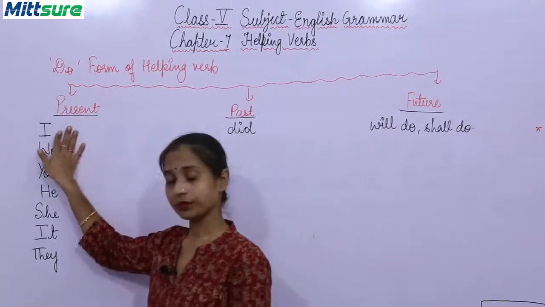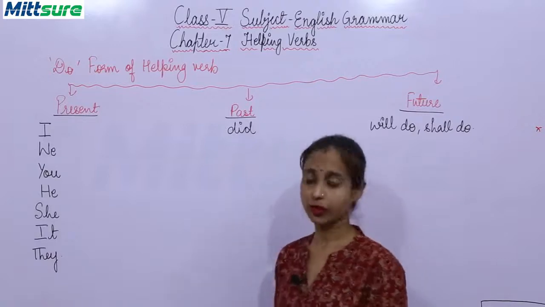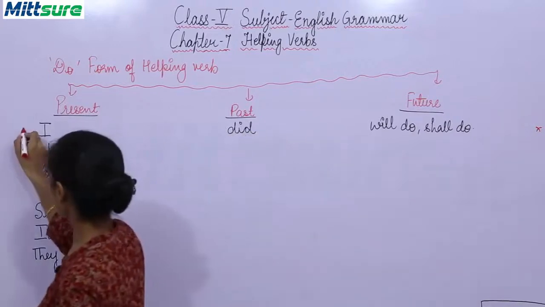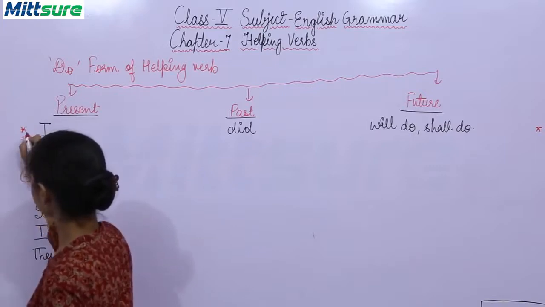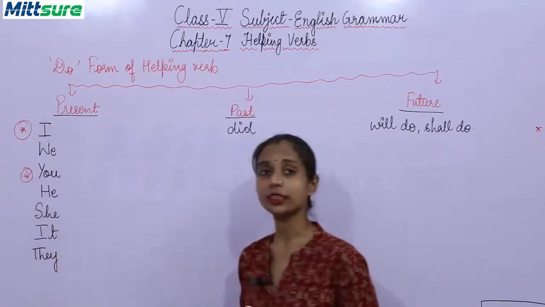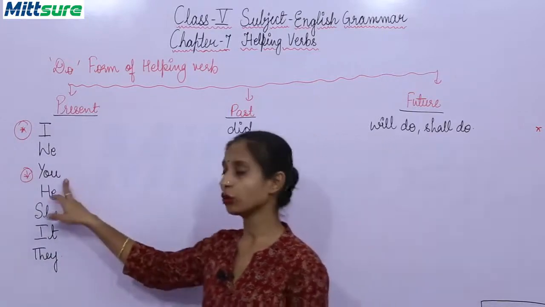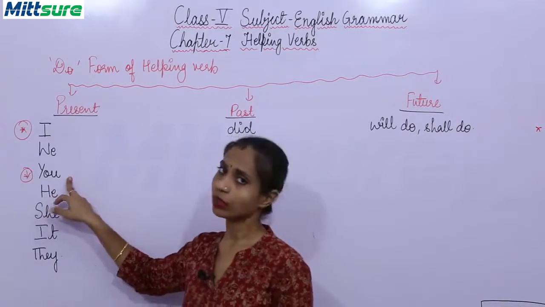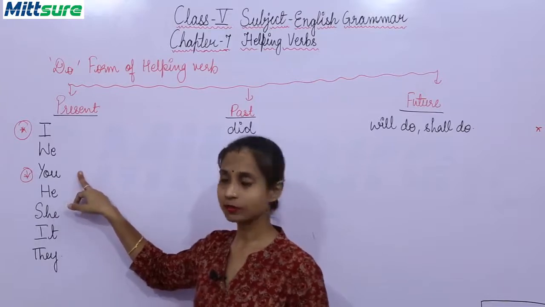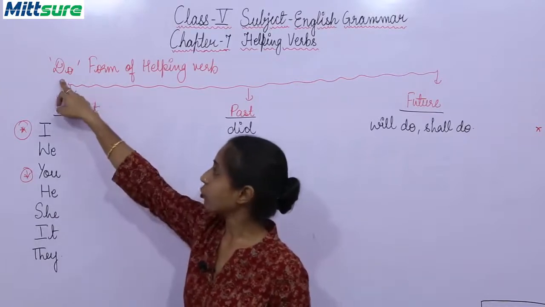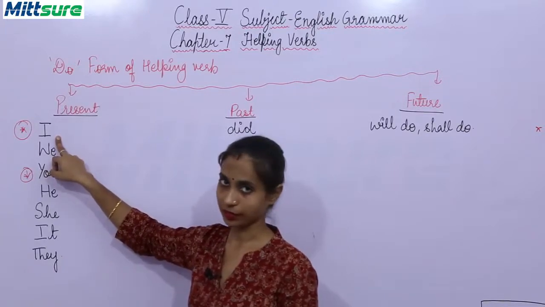Now, children, when we talk about do form of verb, this I and this you act as an exceptional case. You people already know that you acts as an exceptional case. When we talk about do form of verb, I also acts as an exceptional case.